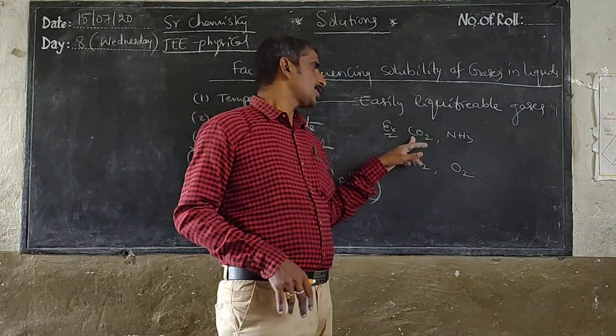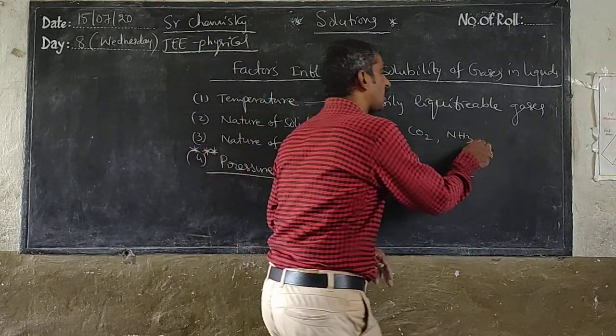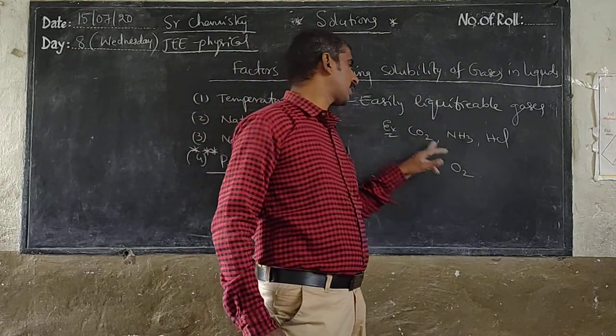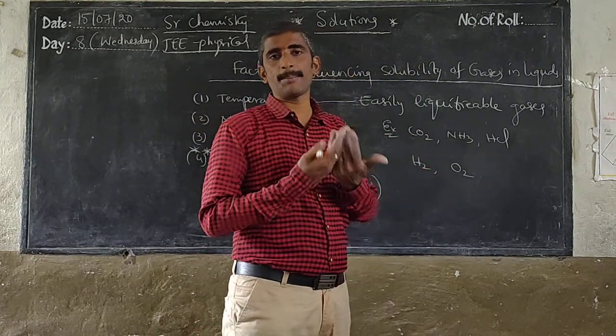So the best examples are CO2, NH3 and HCl, which are more soluble in water than H2 and O2 because they have a high critical temperature.